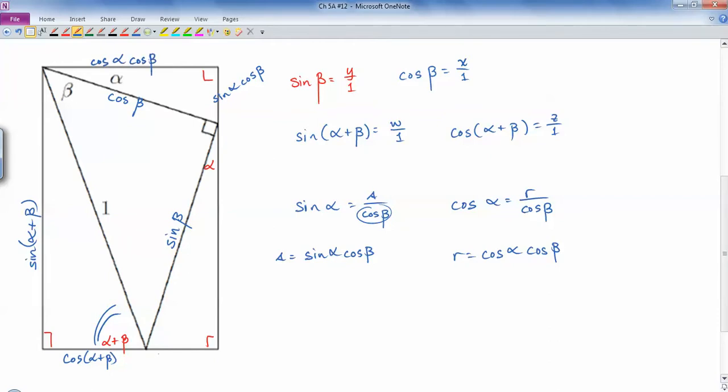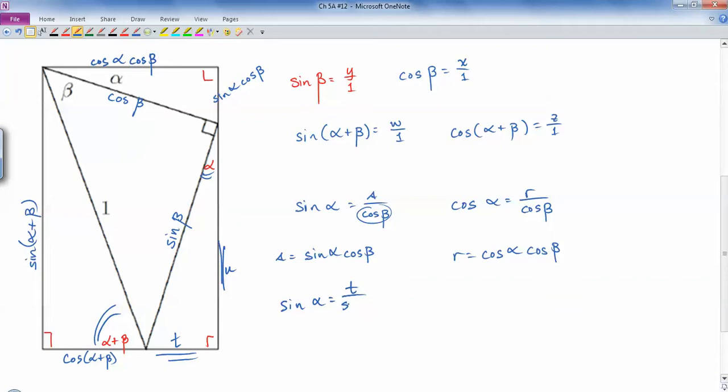And then we've got two sides left, this one here and this one here. Let's go T and U. We've got alpha right here. If I did sine alpha, I get opposite, which is T, over hypotenuse, which is sine beta.